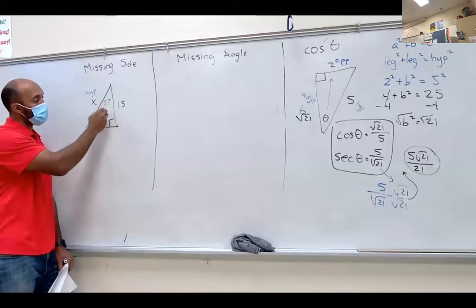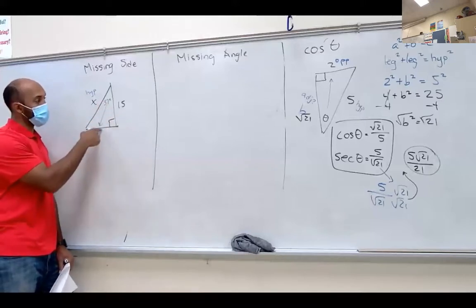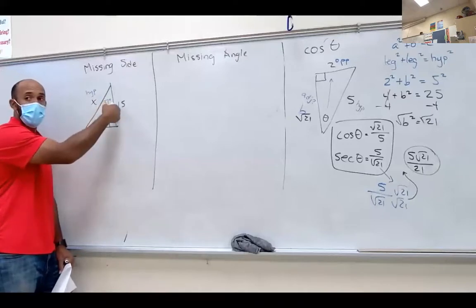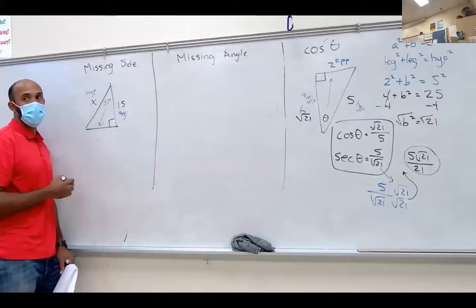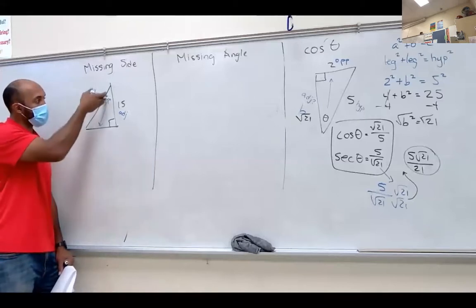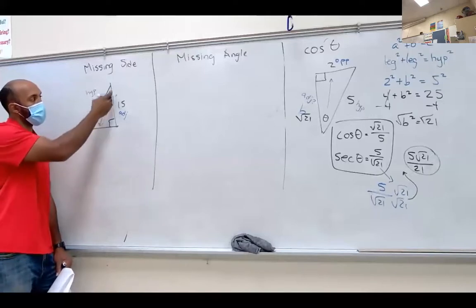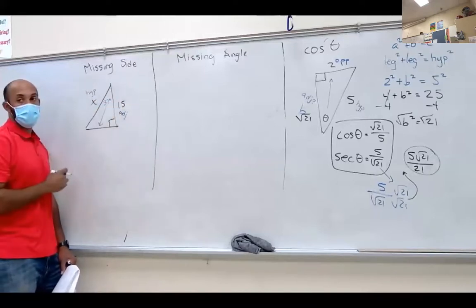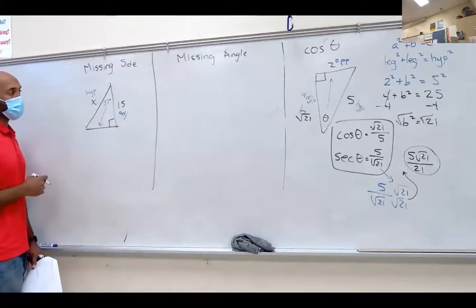An opposite would be here, straight across. That's opposite, so the one right next to the angle is your adjacent side. Always look, if the number's across from it, boom, opposite. But if it's right next to the angle, that's your adjacent side. Remember, the one across from 90 is always your hypotenuse.